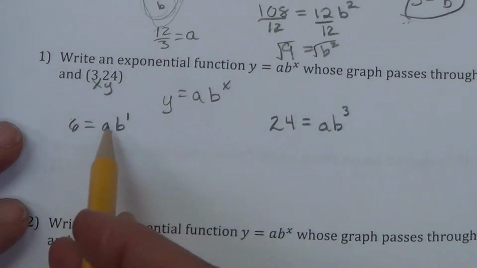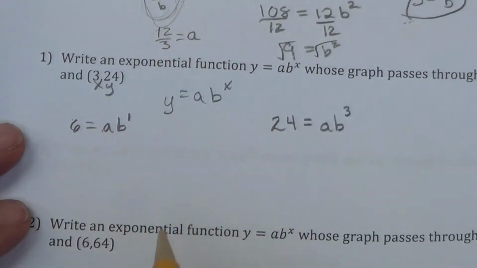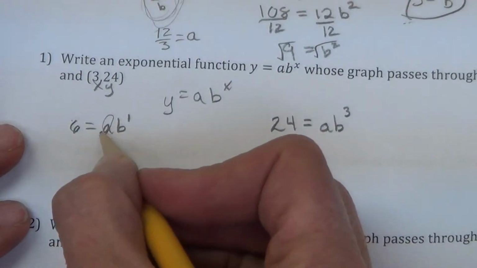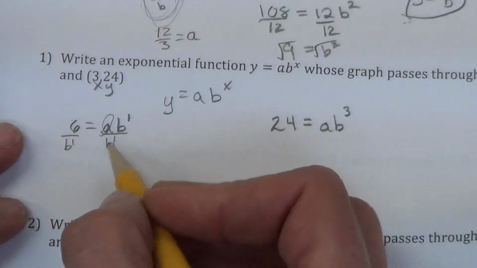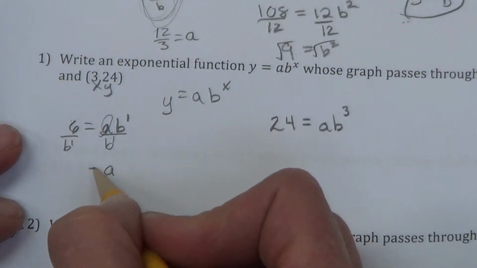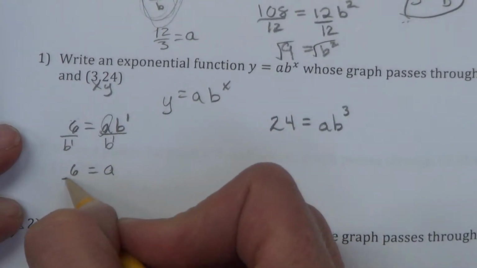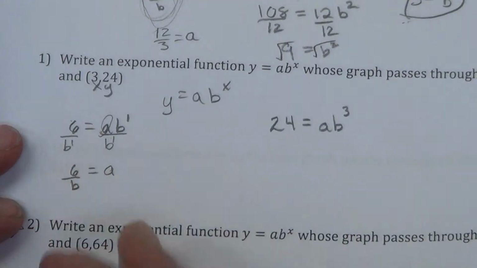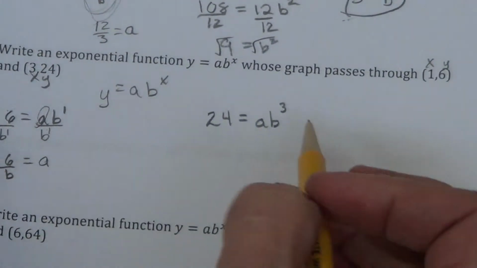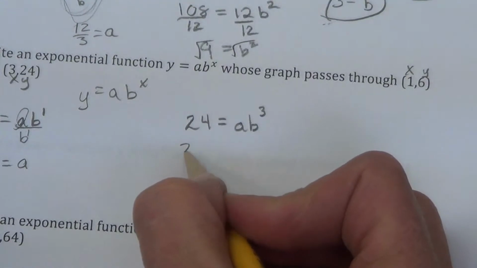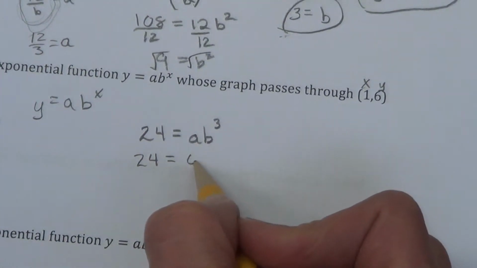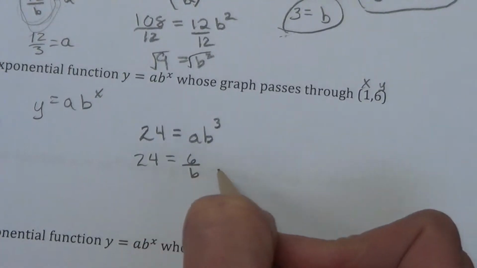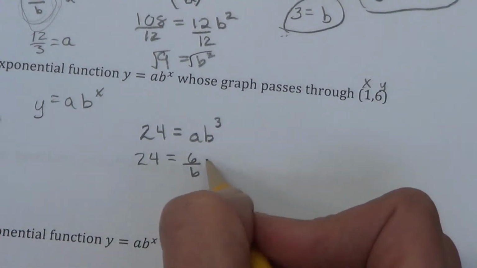So we want to get a by itself, just like we did before. We're going to divide by b to the first, divide by b to the first, and we have a equals 6 over b. Now we plug that in over here. 24 equals 6 over b times b cubed.